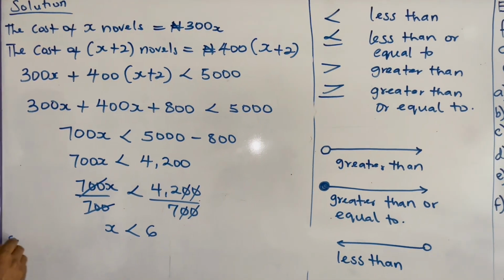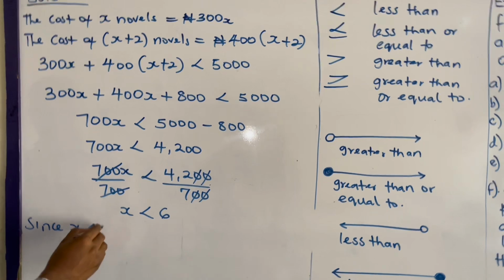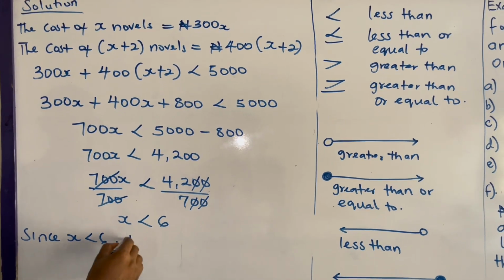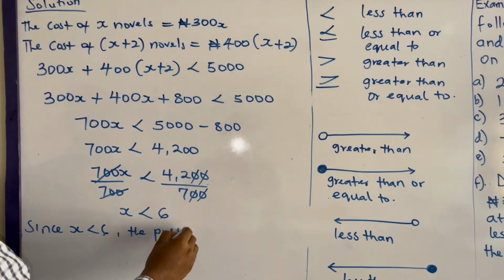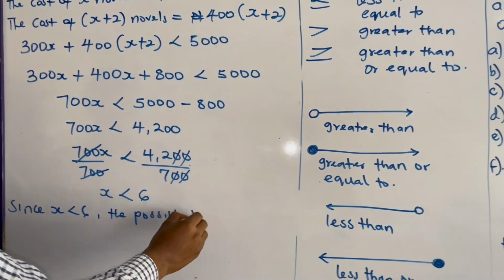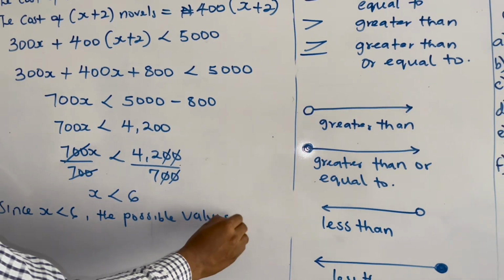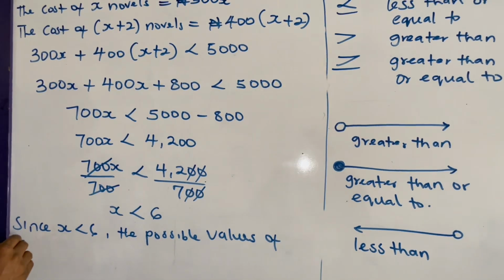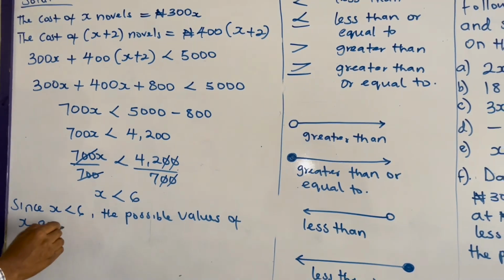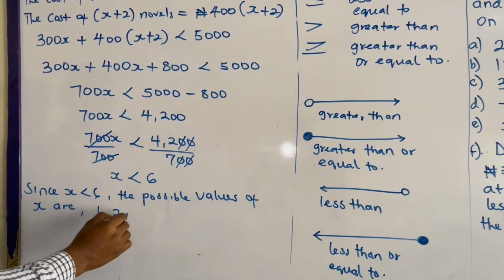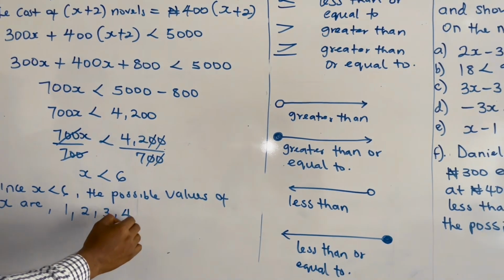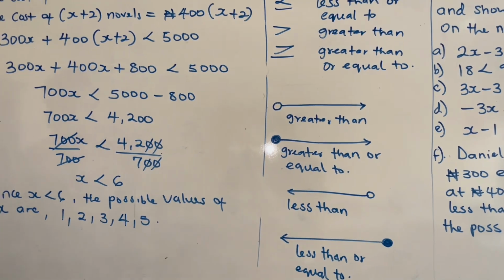Since X is less than 6, the possible values of X are 1, 2, 3, 4, and 5.